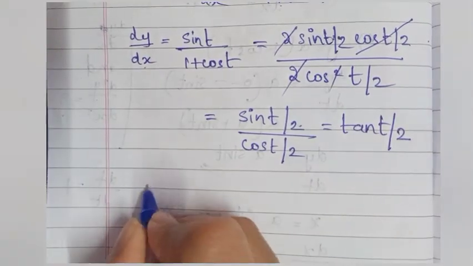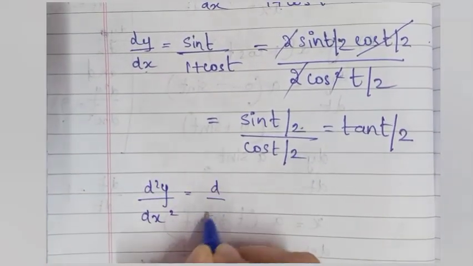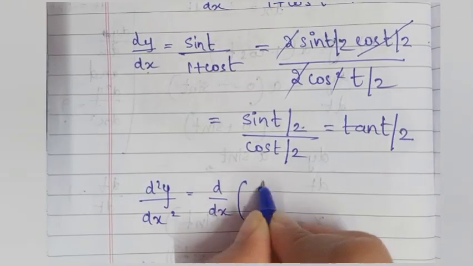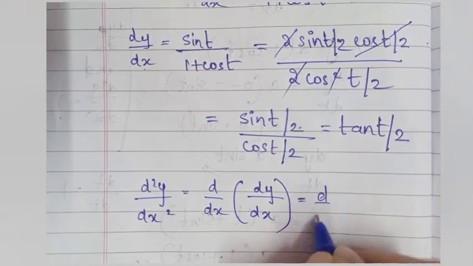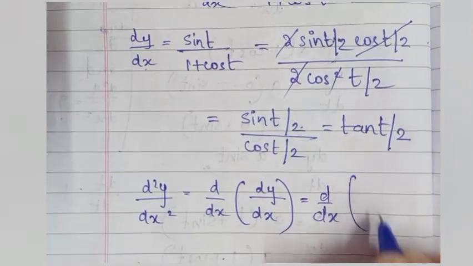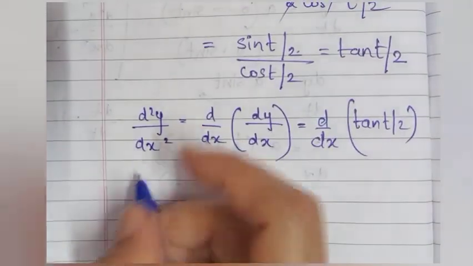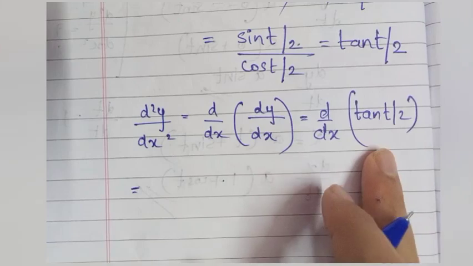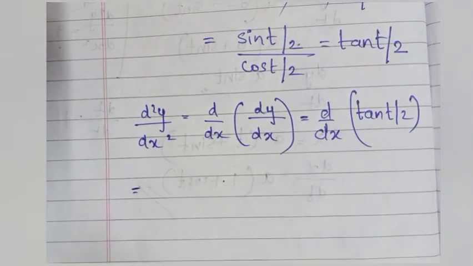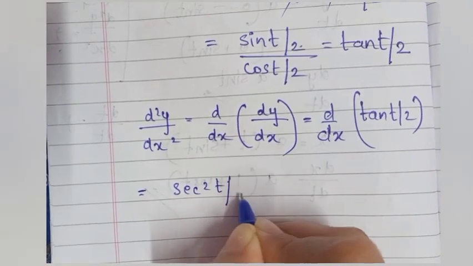Next we are going to do d square y by dx square, which is equal to d by dx of dy by dx. So it is equal to d by dx of tan t by 2, which is equal to the differentiation of tan t by 2, that is sec square t by 2.